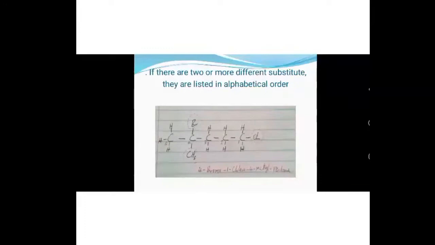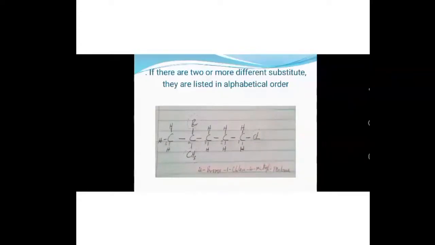So, for us to name this compound, we have to follow alphabetical naming. If we follow the alphabetical method of naming, bromine, which is B, comes first.